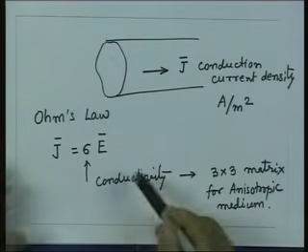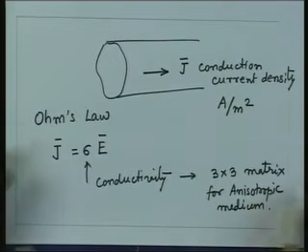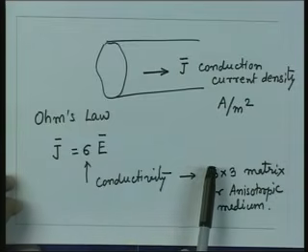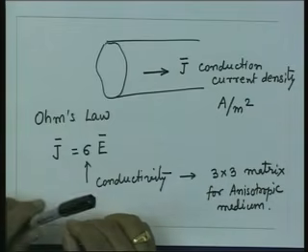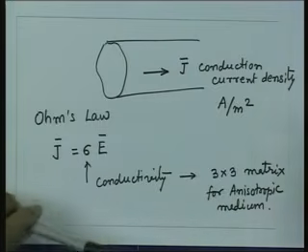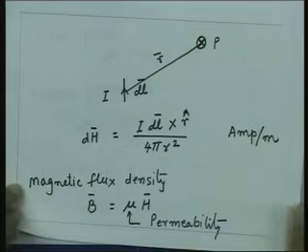The meaning of this is exactly the same as we saw in the case of the electric field, that if the medium is isotropic, then the direction of the displacement vector and the electric field are the same. Same thing will happen in the case of the magnetic field also. If the medium is isotropic, then the direction of the magnetic field and the magnetic flux density will be the same, but if the medium is anisotropic, then these two directions will not be the same.